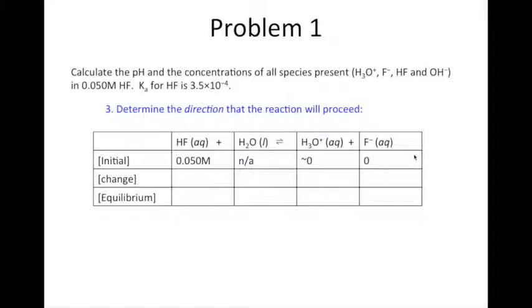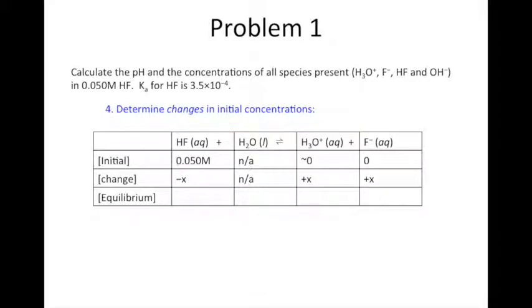Let's determine the direction the reaction will proceed. We can see that the concentrations of our products are 0, and so the reaction must proceed initially from left to right in order to reach equilibrium. Let's determine our changes in concentration.